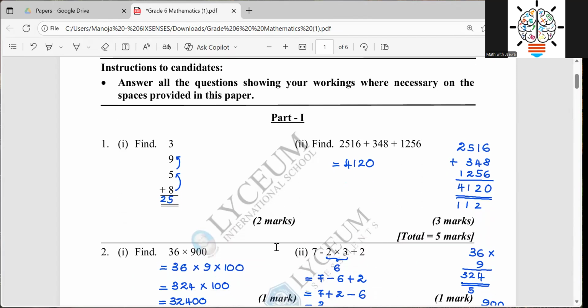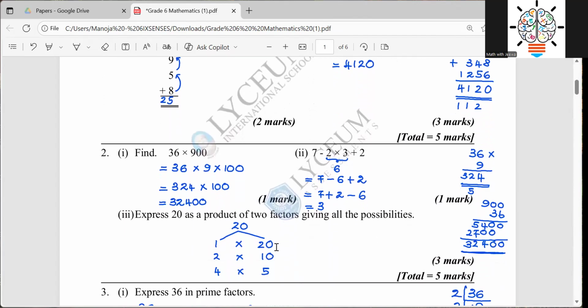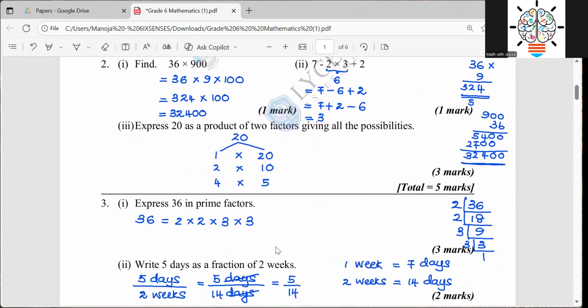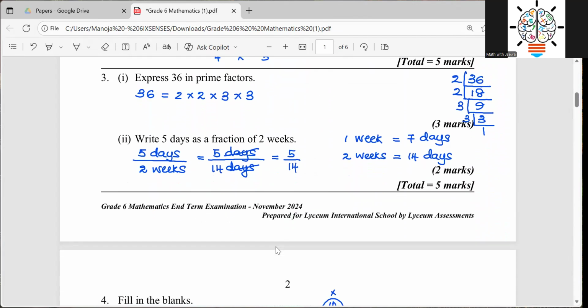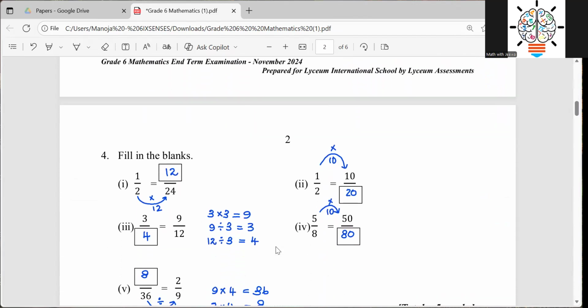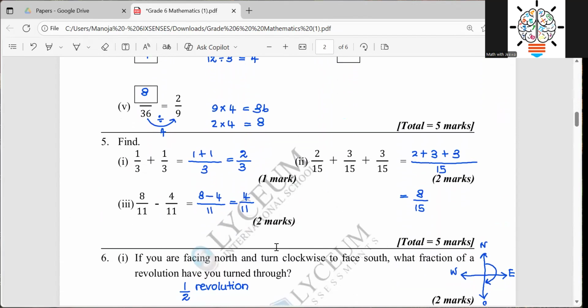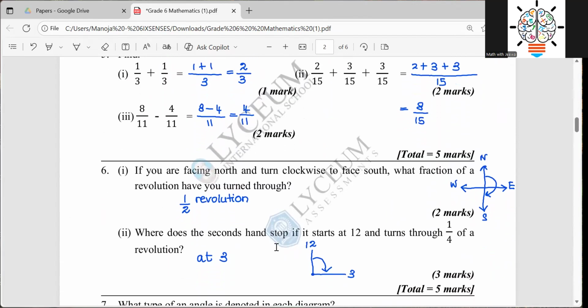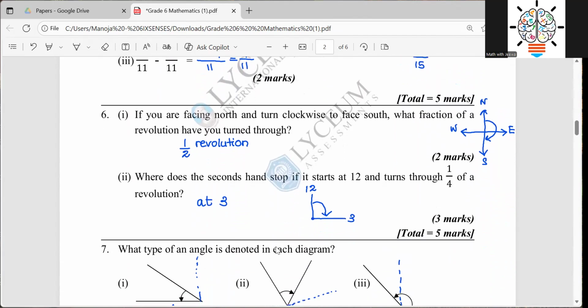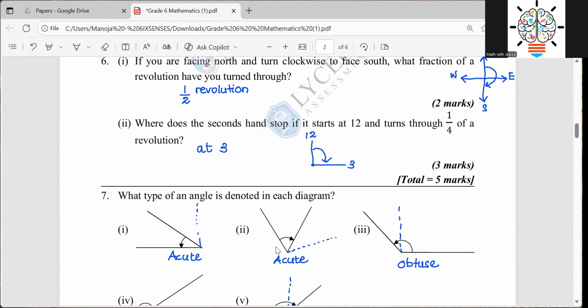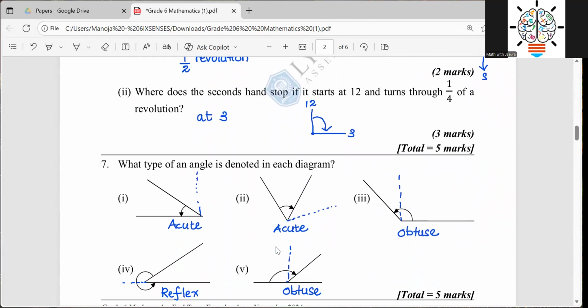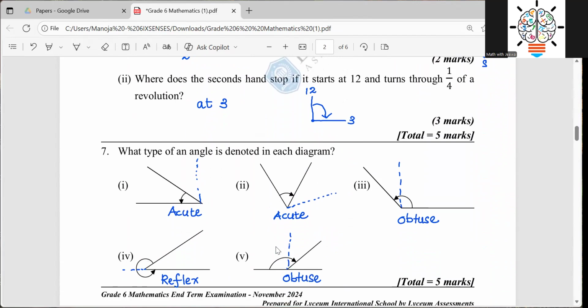So you just see I have shown all the workings, right? This is how you want to show your workings, so no one can say that you have just taken the answers. You have a logic. Now here also, marking it as acute, obtuse, I mark the 90 degree and 180.